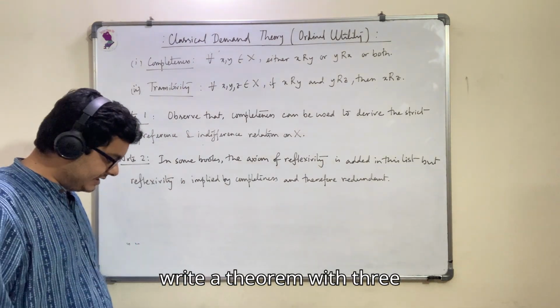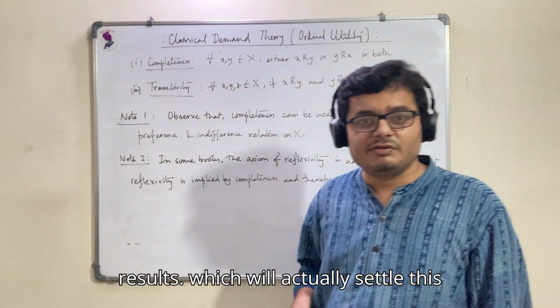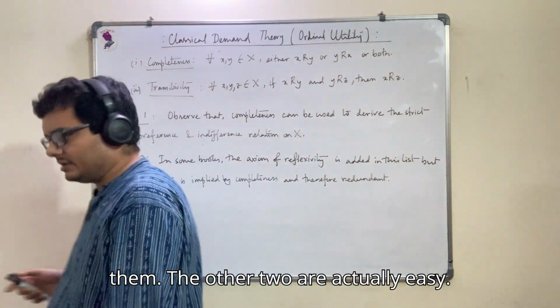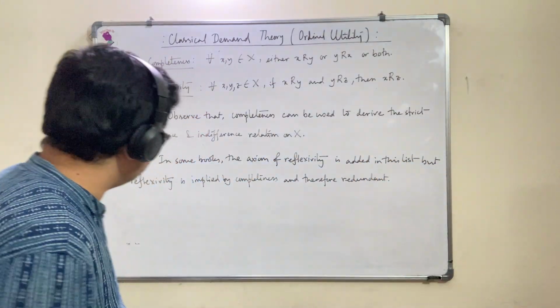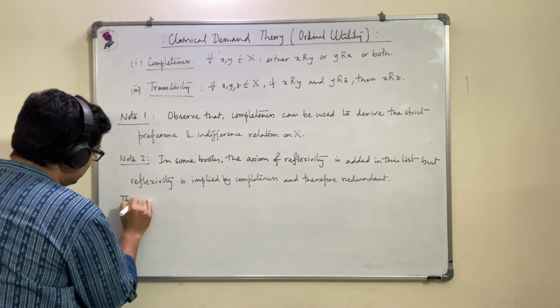So now we are going to write a theorem with 3 results which will actually settle this debate. I am going to prove only one of them. The other 2 are actually easy. So the theorem.